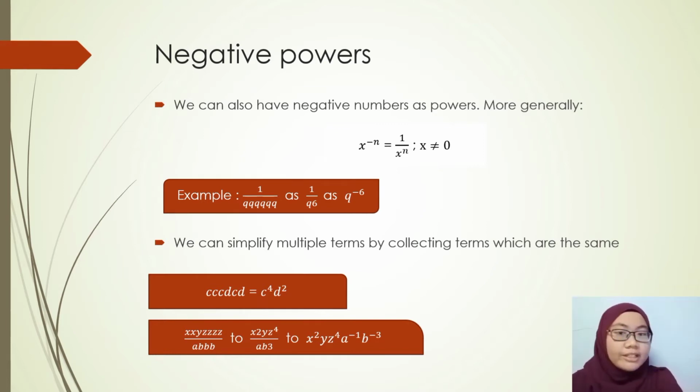For another example, x, y, z over a, b, we collect all the same terms together separately, and it becomes x to the power of 2, y, z to the power of 4 over a, b to the power of 3. We can write it as x to the power of 2, y, z to the power of 4, a to the power of negative 1, b to the power of negative 3.